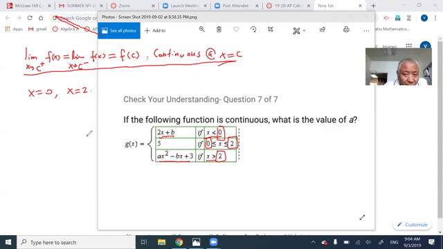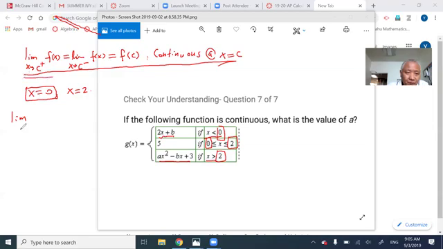Because they told you the function is continuous on all real numbers, we first check x equals 0. I'm applying the definition of continuous.